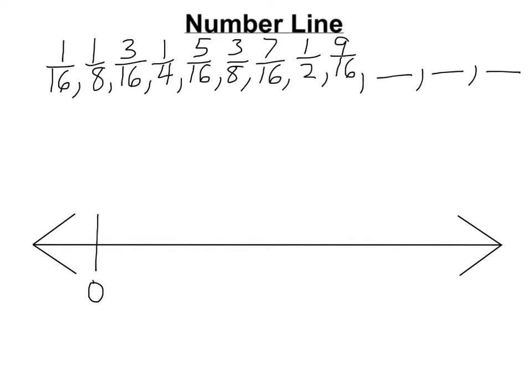And we'll go ahead and make a tick mark here. And this is 1/16. Next came 1/8, then 3/16, and so on. So go ahead and take a second and get this filled in.